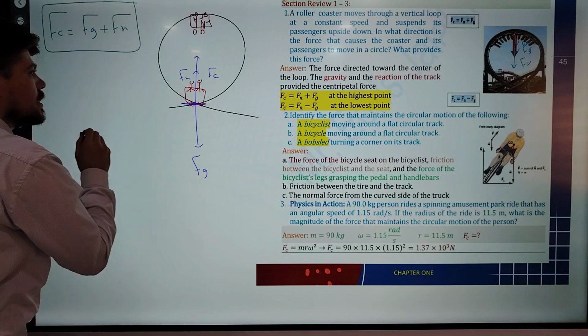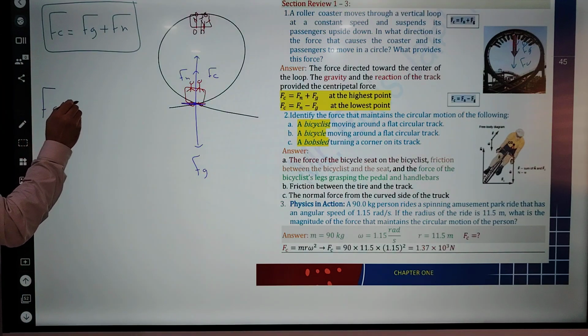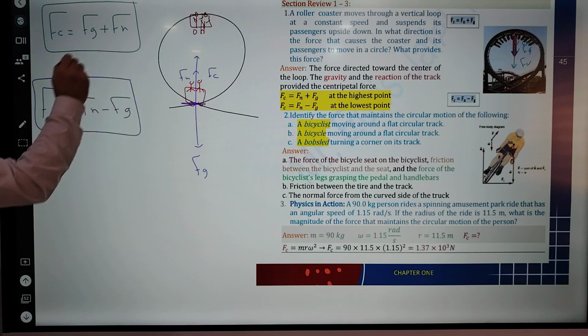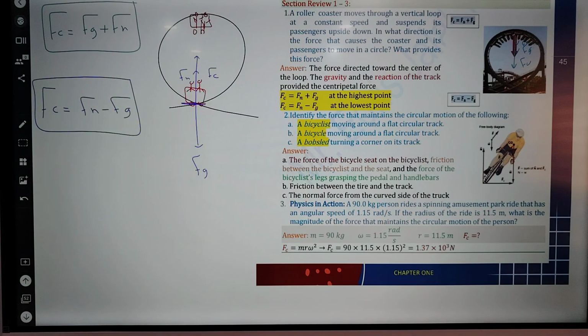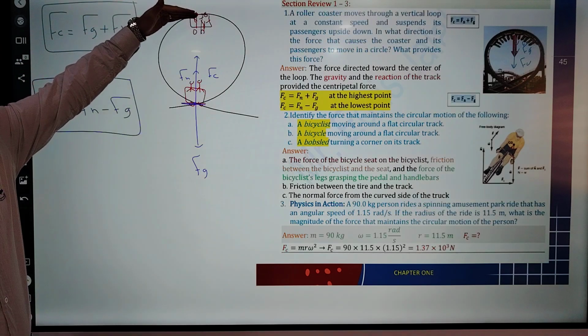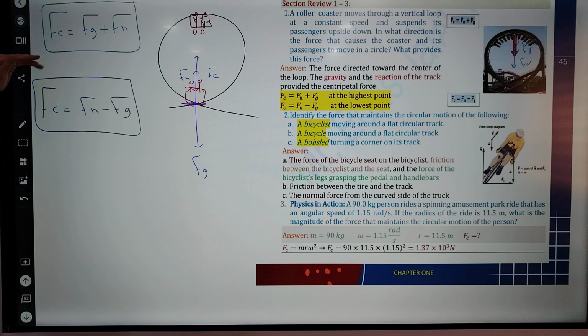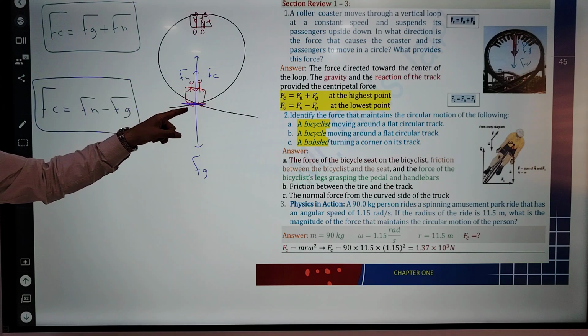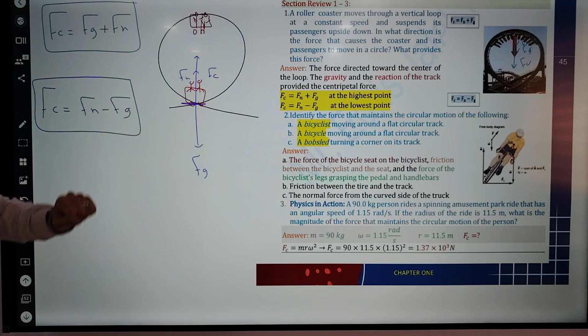At the lowest point, Fc is equal to Fn minus Fg. So this is very important. Be careful. How can we determine the centripetal force at the highest point and at the lowest point? At the highest point, Fc is equal to Fg plus Fn, because all three forces are directed toward the center. But at the lowest point, Fc is equal to Fn minus Fg.